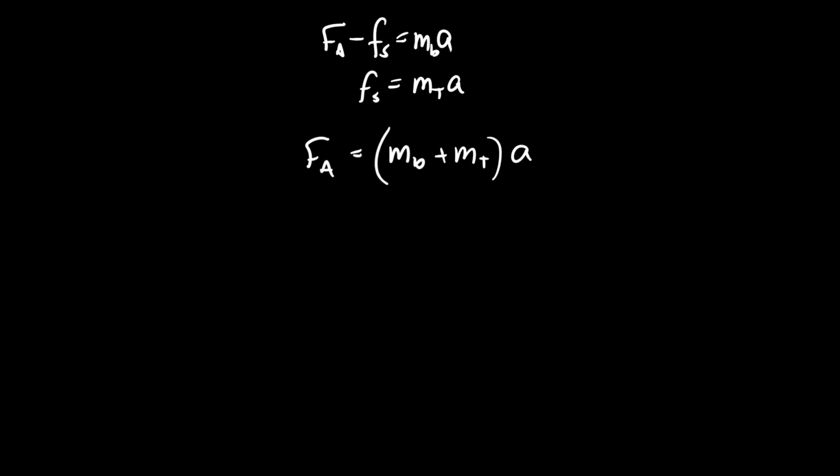This has got to be how the system accelerates. This doesn't answer the question. This is the obvious. If I apply a force and both boxes do stick together, this is going to be the acceleration of the system. In fact, we know the acceleration of the system if they stick together. It's a big if. If they stick together is related on something else.